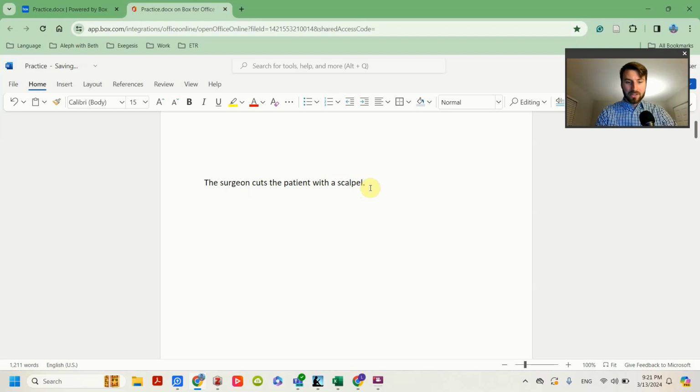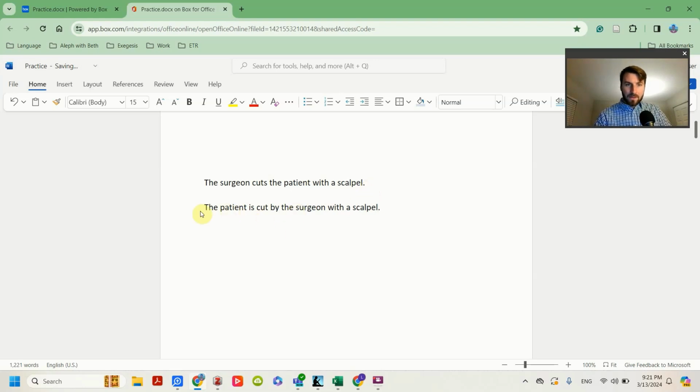Well, we do it like this. The patient is cut by the surgeon with a scalpel. Okay?